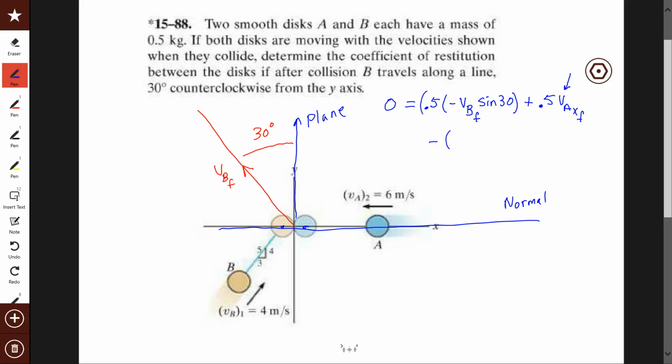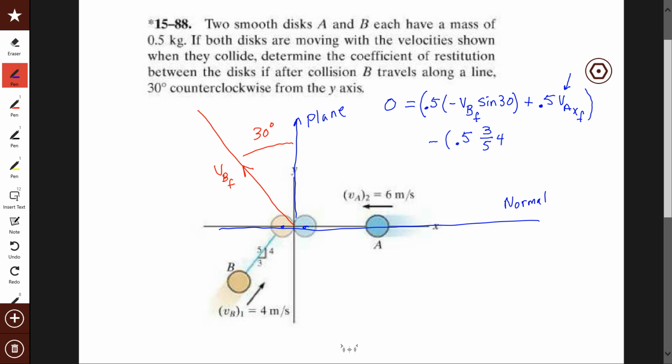Then I subtract off the initial momentum. So this is the final momentum, I'll put parentheses around there, minus the initial momentum. The initial momentum is the mass of B times the initial horizontal velocity of B, which is going to be 3/5 times 4, and it's in the positive x direction.